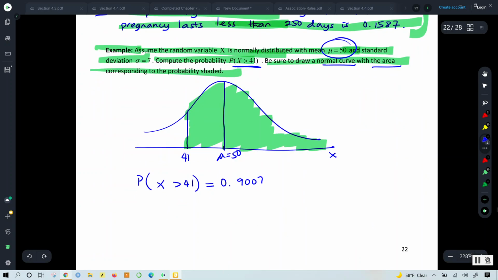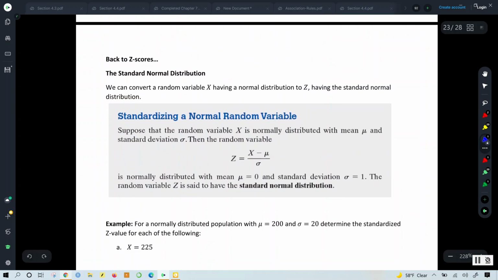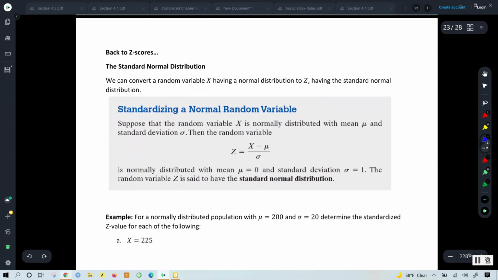With that question completed, I would like to talk about a special normal random variable called the standard normal distribution.